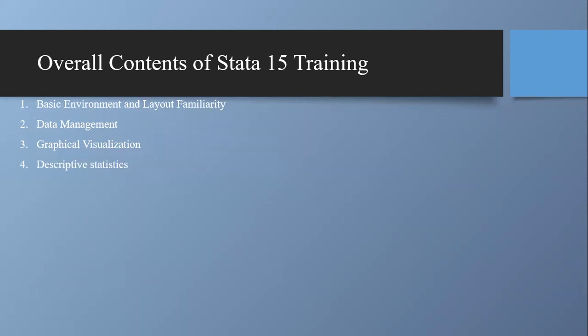interpretation. Then we will have descriptive statistics of your variables: how to apply different types of descriptive statistics using Stata 15, how to provide APA style descriptive statistics tables and how to interpret them using the same format.